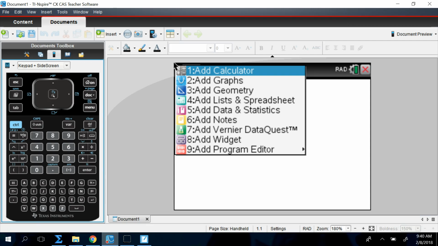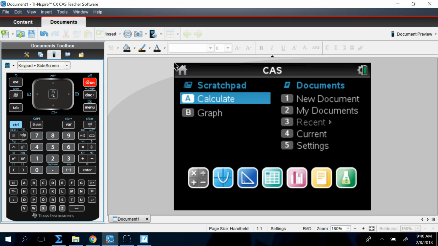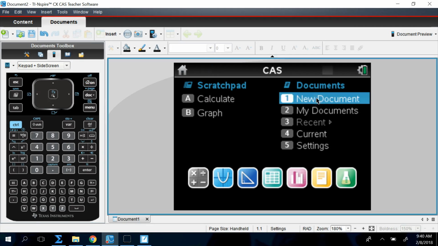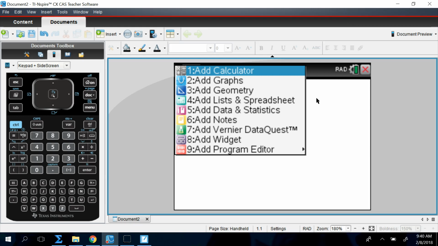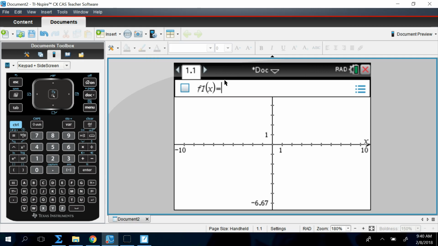So when I start a calculator, I always start with a new document. I'm a document guy. I'm not a Sketchpad guy. So I always start with a new document, which probably is going to make me not save something, which is fine. But we're going to want to add a graph.